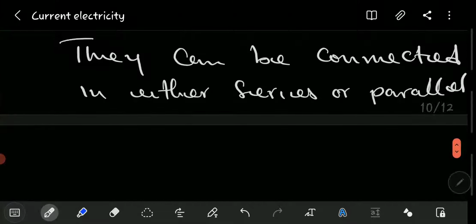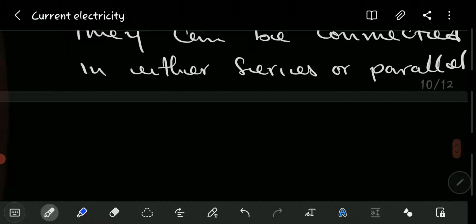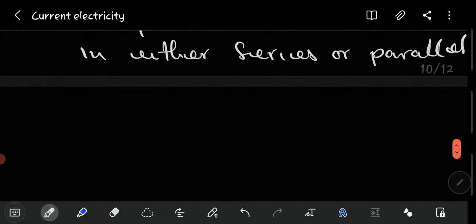So there are 2 ways in which resistors may be connected. They can either be connected in series or they can be connected in parallel. The first thing we are going to look at is resistors connected in series.